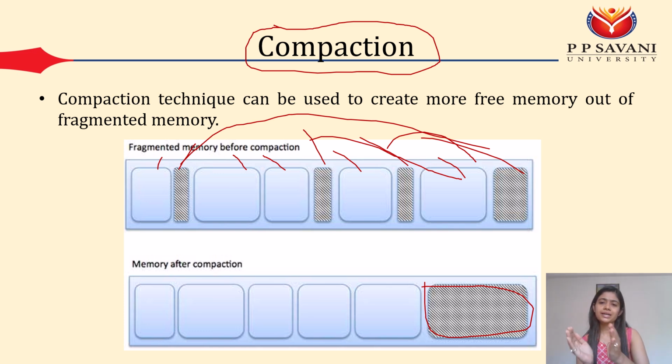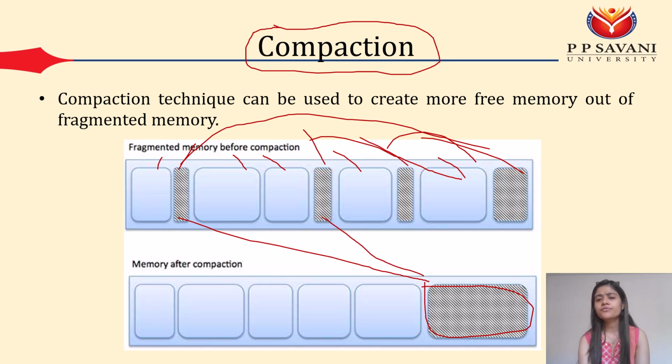That means we are going to resize all the used partitions in one direction, and we are going to combine all the free partitions into a single partition. So all these four free partitions are going to be merged and create one single free partition, and all the occupied, or let's say used, partitions are going to be moved towards one direction. So this technique is called the memory compaction technique, that can be used to solve external fragmentation in multi-programming dynamic allocation techniques.